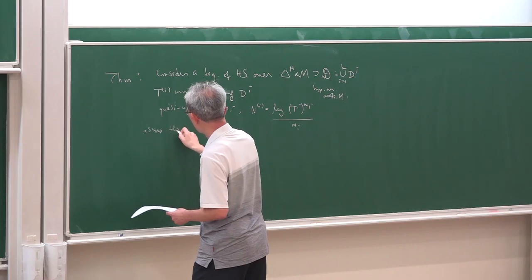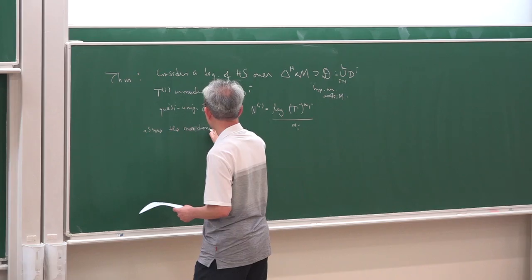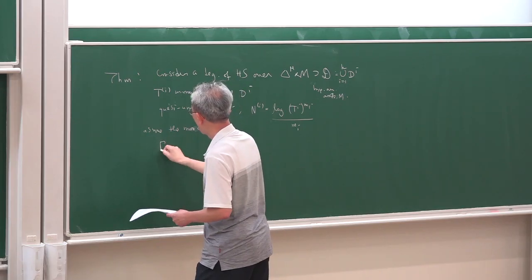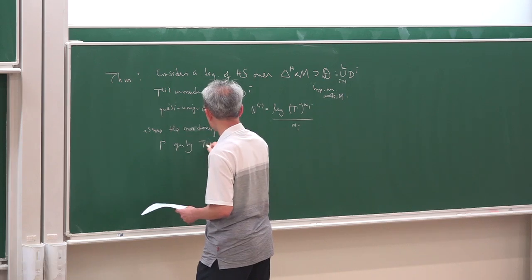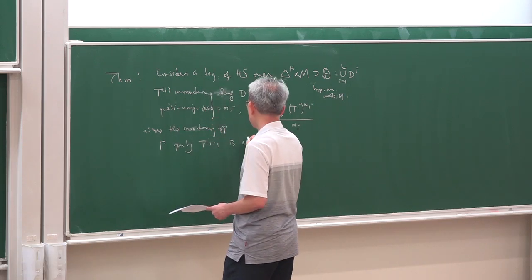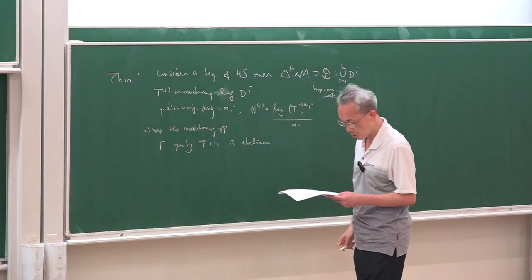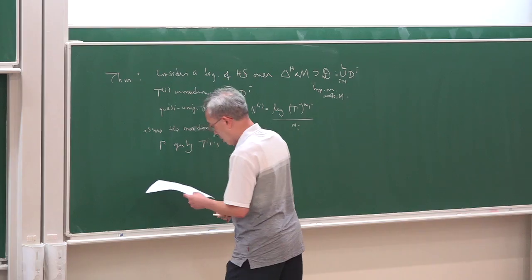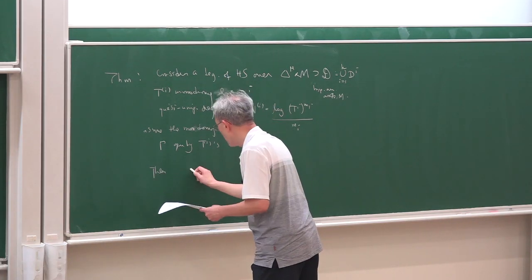the monodromy group generated by all these Ti is abelian. That's the assumption. Then you have the period map.